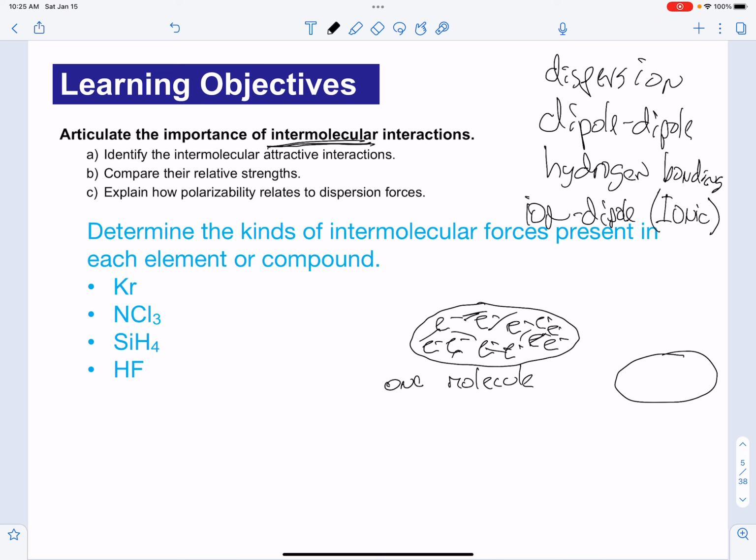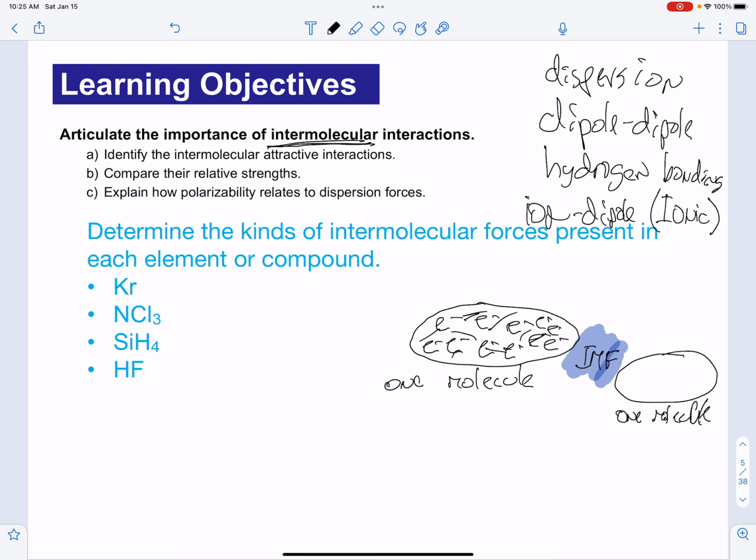And this will be another one molecule. So whatever interaction they can have, that's what we call the intermolecular force, IMF. So let's talk about dispersion first.